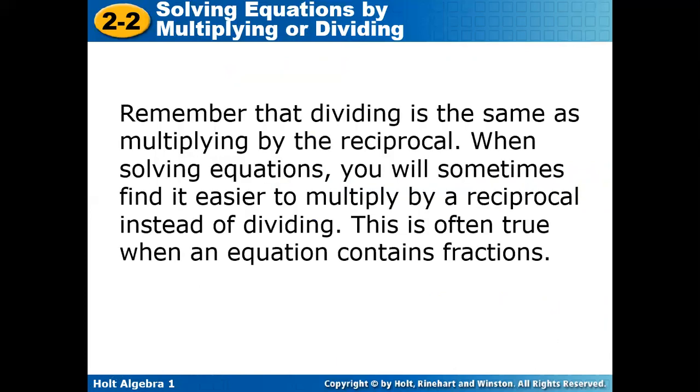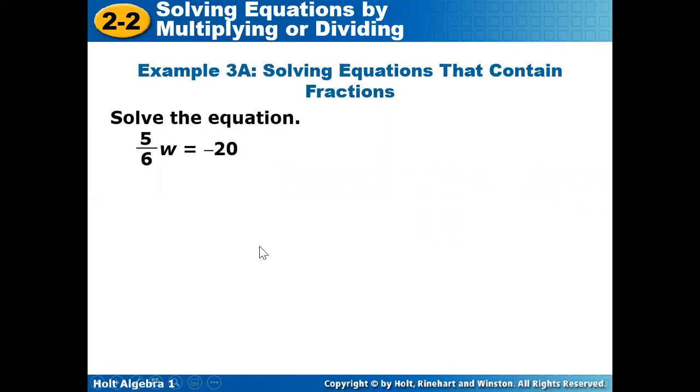Right? Now, when we're working with fractions, it's important to remember that if you divide by a fraction, you multiply by the reciprocal. And that is how you divide by fractions. So in that case, here's an example of that. We are multiplying w by 5/6. So in order to do that, we need to divide by 5/6.